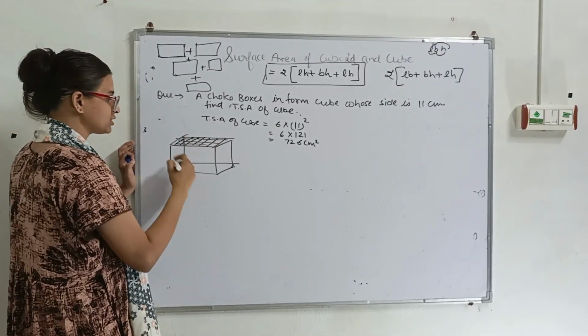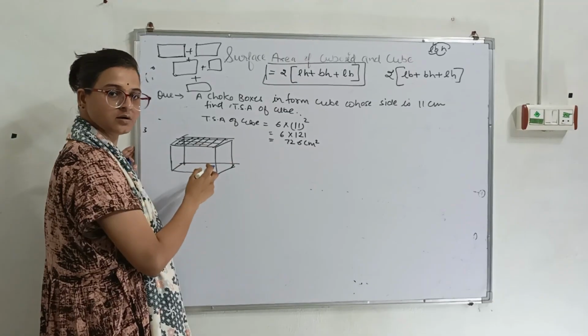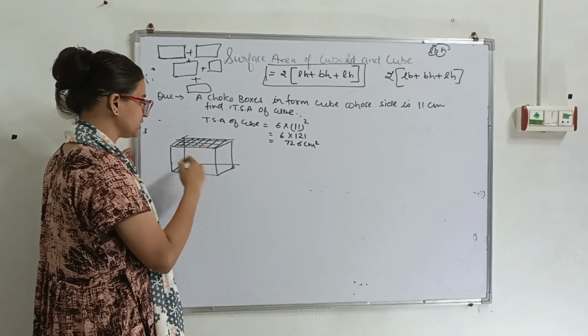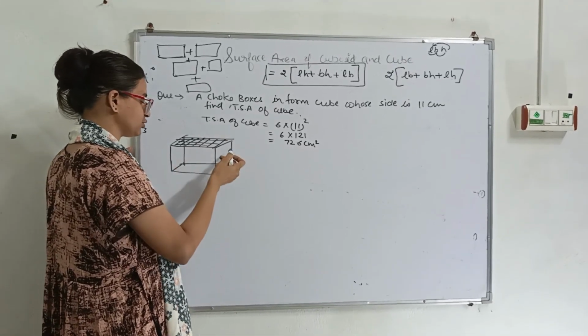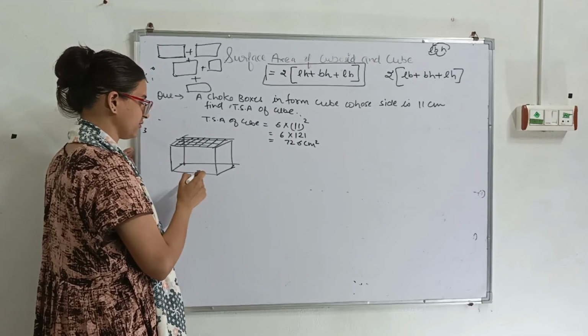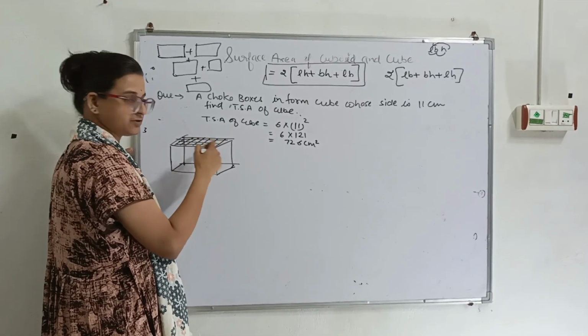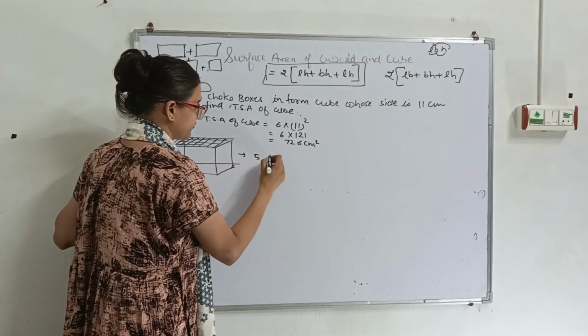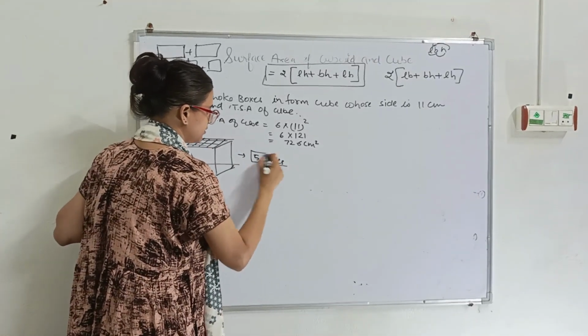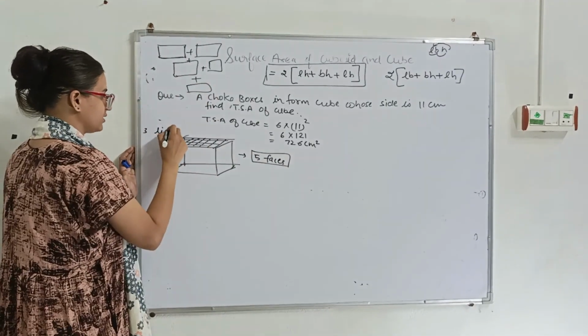So first, how many faces do we have to find? We find that there are 5 structures. One, behind this 2, this is the 3, this is the 4, and this is the 5, because the lid is open, so we don't find this face. Okay, so now there are 5 faces like this.